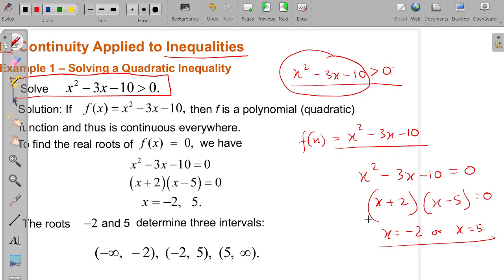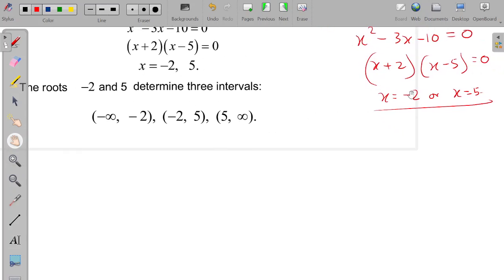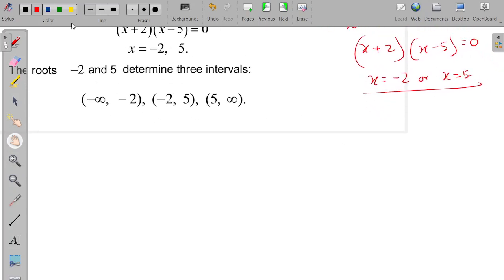As soon as you are able to get your x, you use it to break the real line into intervals. So we have this real line, which is negative infinity to positive infinity, a point negative 2 and a point 5.